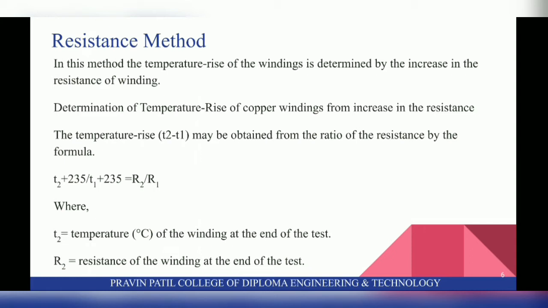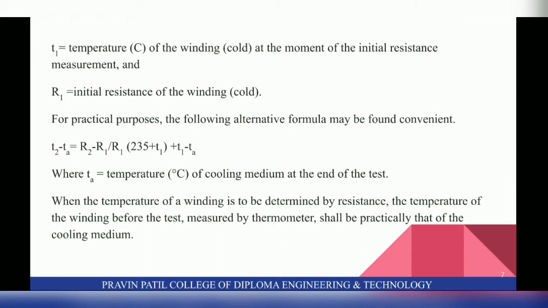The temperature rise T2 minus T1 may be obtained from the ratio of the resistance by the formula (T2 + 235)/(T1 + 235) = R2/R1, where T2 is the temperature of the winding at the end of the test and R2 is the resistance of the winding at the end of the test, and T1 is the temperature of the winding at the moment of the initial resistance measurement, and R1 is the initial resistance of the winding, that is at cold.